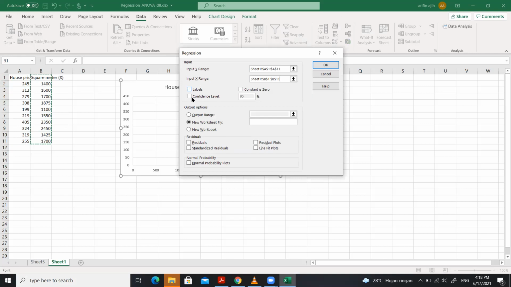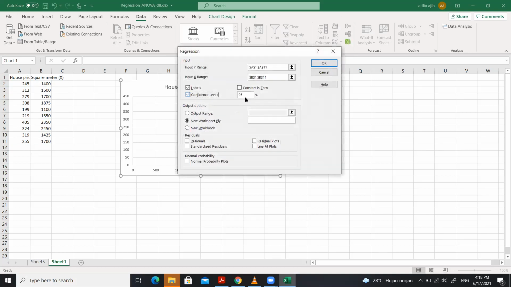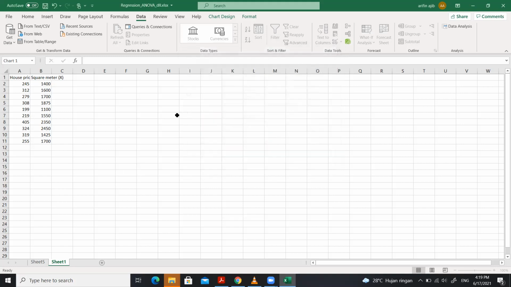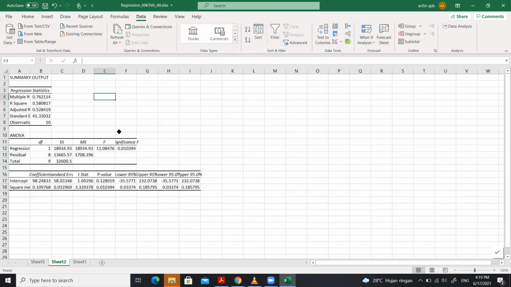You can click the label, it's just optional. You can also change the confidence level, but I will leave it as the default 95%, and then okay.